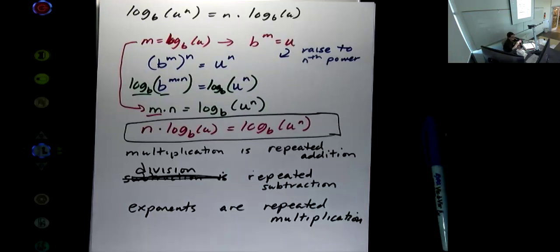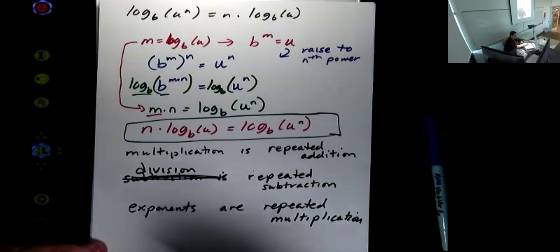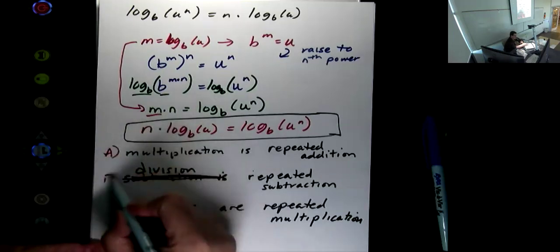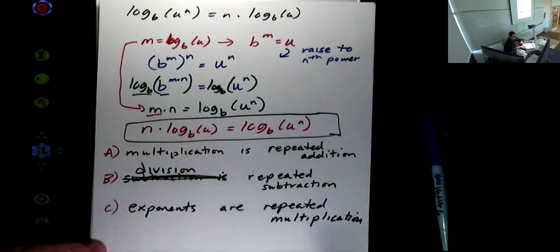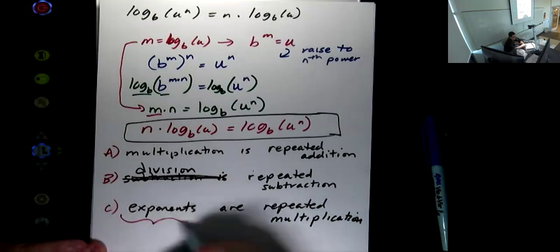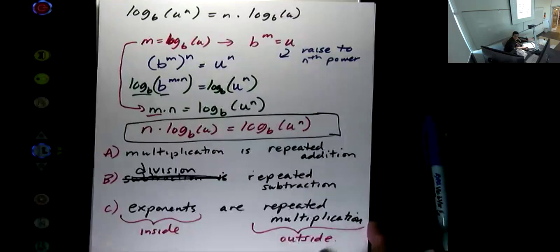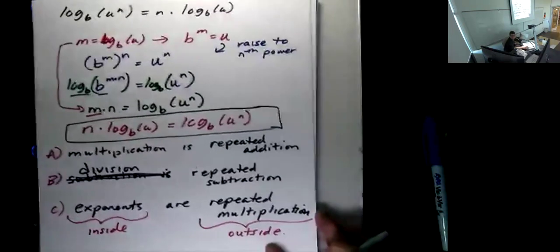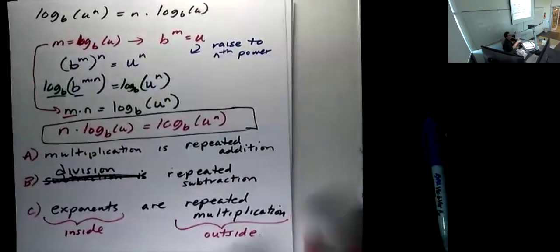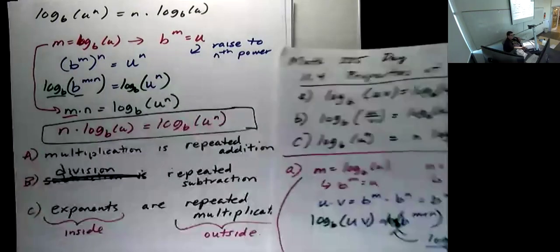Now you'll notice on the three rules we had, this is related to A, this is related to B, this is related to C. This was stuff on the inside, and this is stuff on the outside. And I'll bring those rules back up, just so you can see them again.